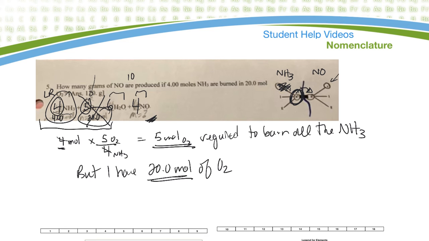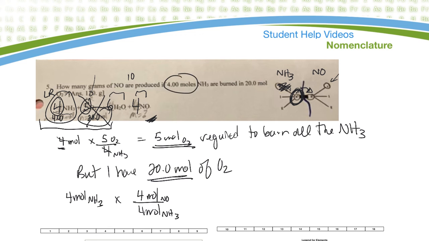So I have moles, so I need to do mole ratio. So I start with 4 moles of ammonia, and I'm going to nitrogen oxide, which is 4 moles of NO over 4 moles of ammonia.